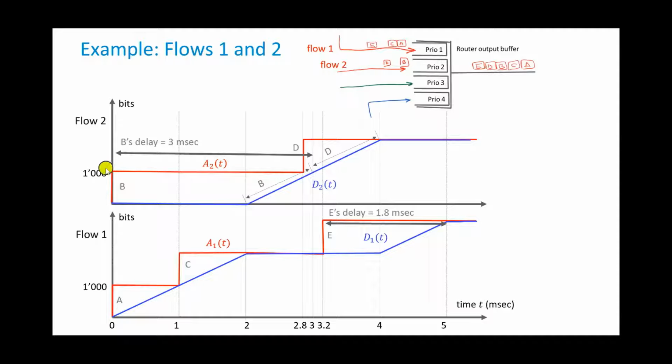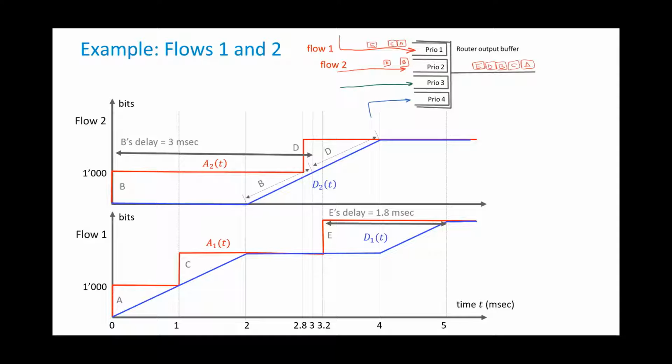So from the arrival of this packet until I reach the blue line, this is exactly the time for the packet to be transmitted, which is given by the gray line here, D. Here we also saw packet D, which arrived a bit later, but in the middle of transmission of packet B and before anything is available for priority 1, so it's transmitted back to back. That gives the output. The blue is the output here of flow 2.